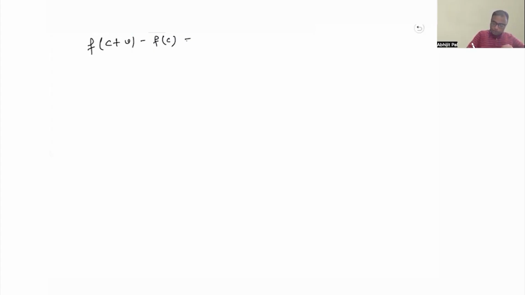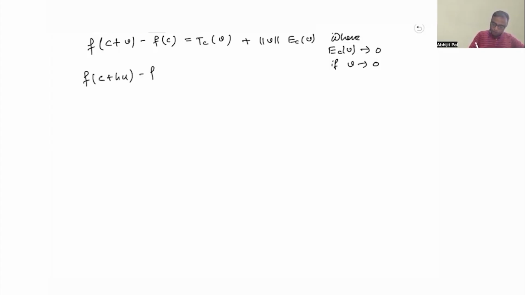Okay, so by the definition, we know that the function f is differentiable. So this means that there exists a linear function TC such that this happens, where this error term goes to the 0 vector if b goes to 0. Okay, now put b equal to hu.